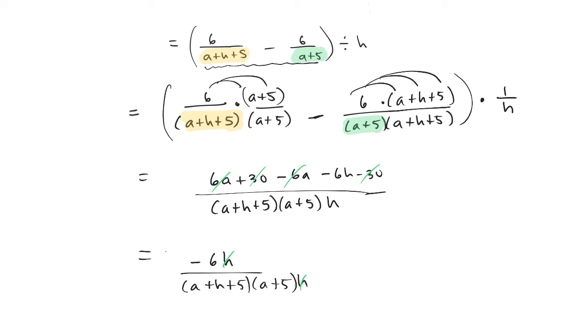So our final answer here is negative 6 all over a plus h plus 5 times a plus 5. Or you could just write it as negative 6 over a plus 5 times a plus h plus 5. Both of those are good.